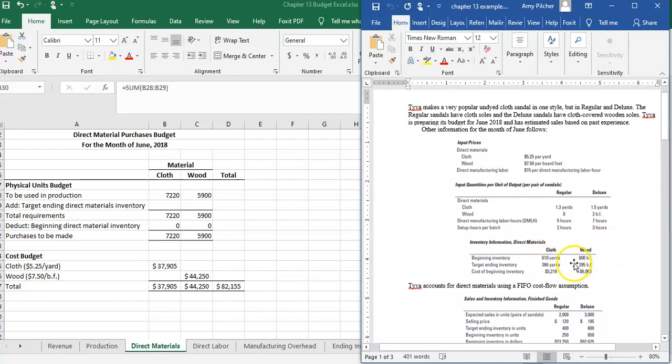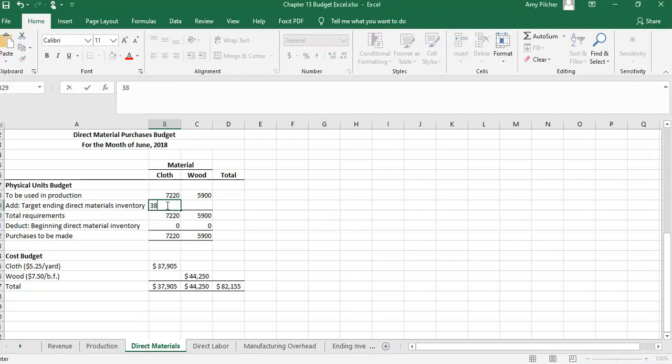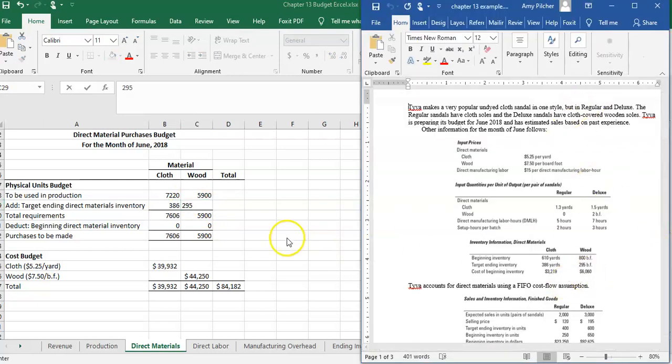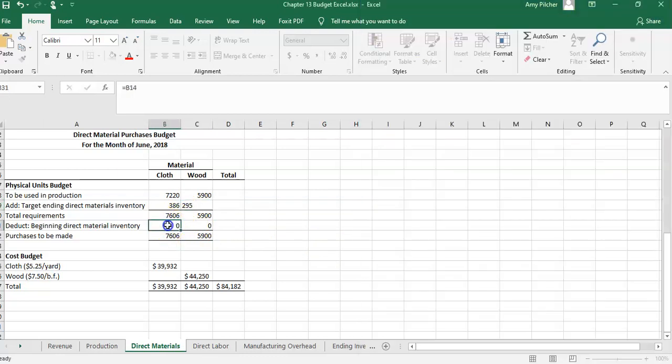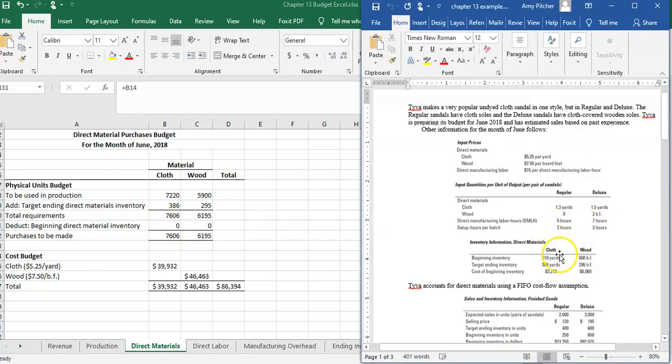We have beginning inventory of cloth and wood, and we have a target ending inventory. So we're going to add our target ending inventory. We have 386 yards of cloth and 295 of wood. Then we're going to deduct our beginning materials inventory. It tells us that we have beginning inventory of 610 yards of cloth and 800 feet of wood.